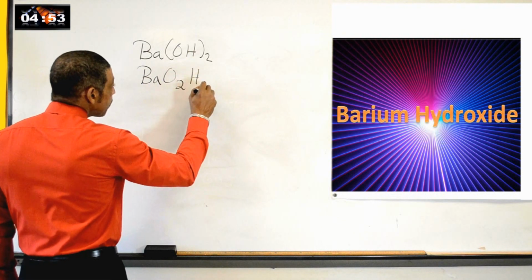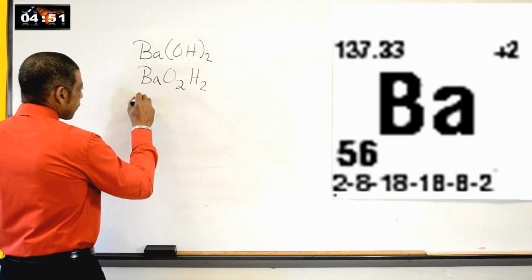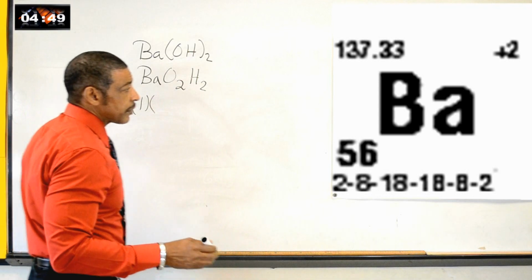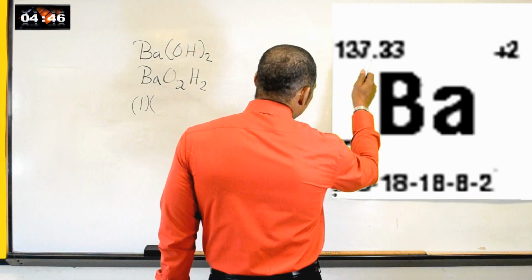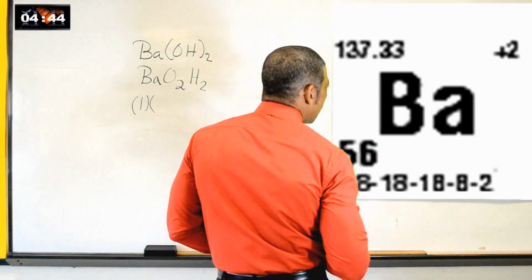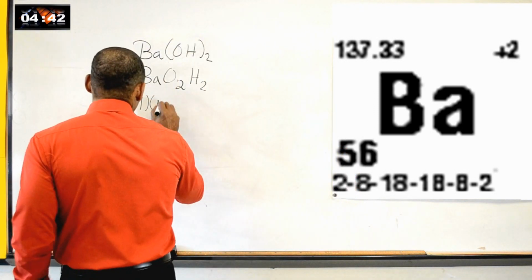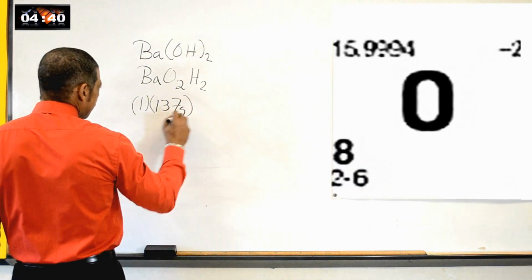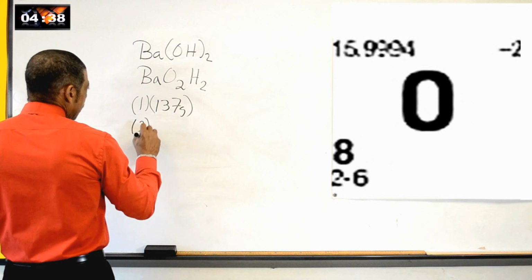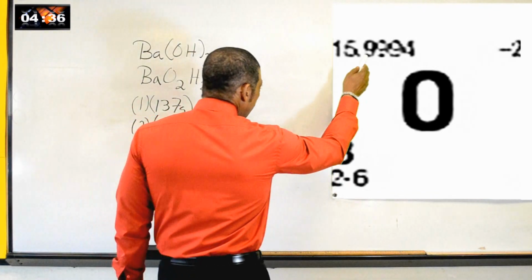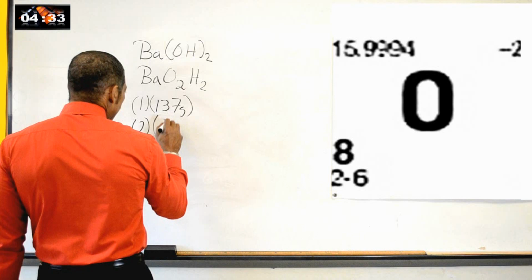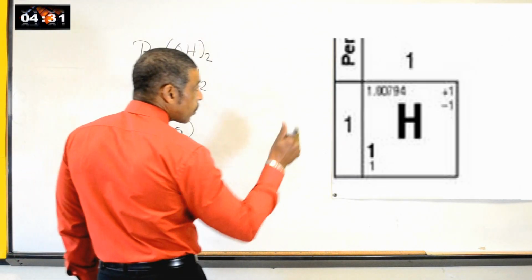BaO2H2. So the compound contains one barium, where from the periodic table, the mass of barium is equal to 137. So it's 1 times 137 grams. There are two oxygens. The mass of oxygen will be rounded to 16 grams. And there are two hydrogens.